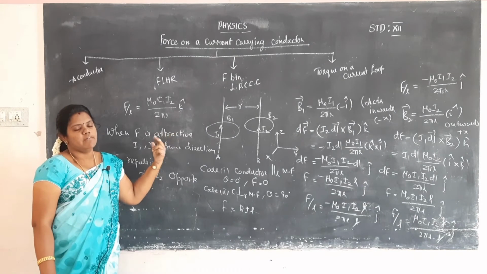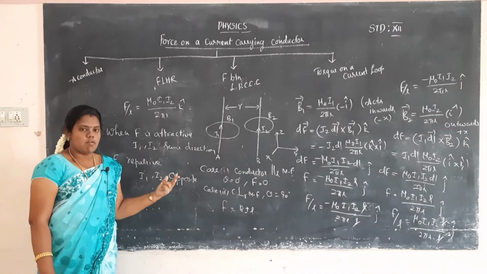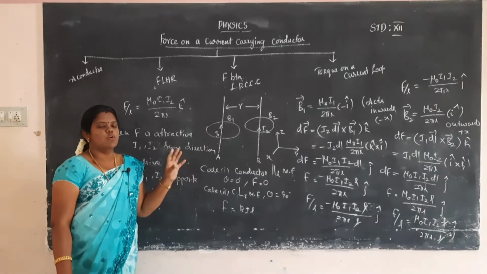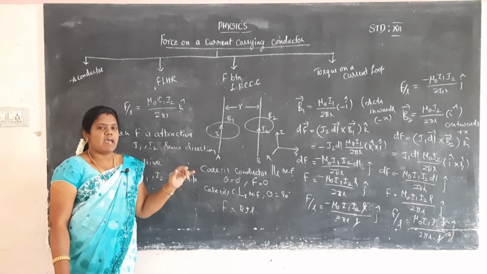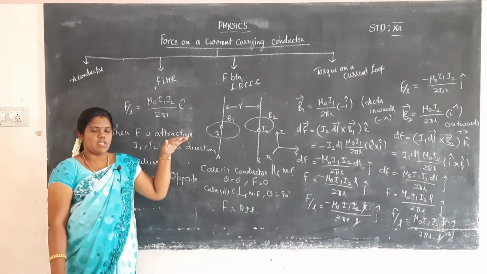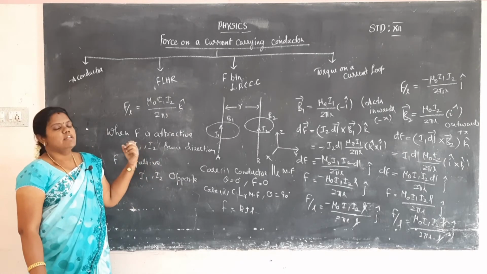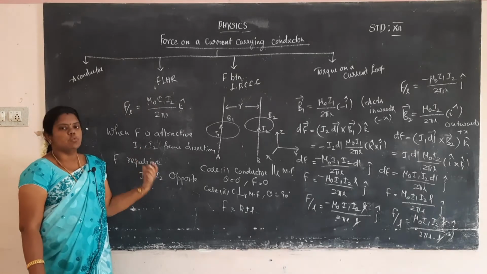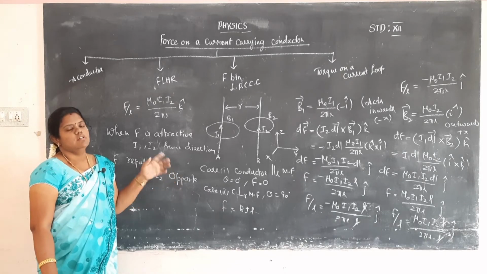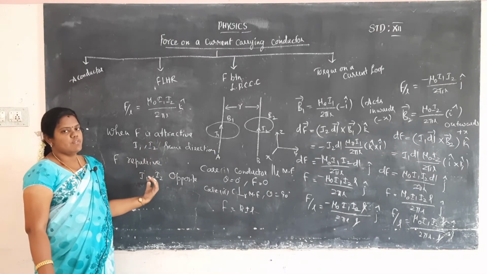We have to compare the two forces acting on the conductors. The two forces will be equal but opposite to one another, so it will be attractive. When two conductors have currents in the same direction, the force between the two conductors is attractive, and when the currents in the first and second conductor are in opposite directions, the force is repulsive. So the same direction gives an attractive force, the opposite direction gives a repulsive force.